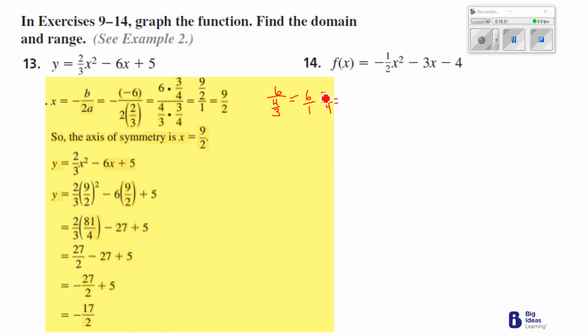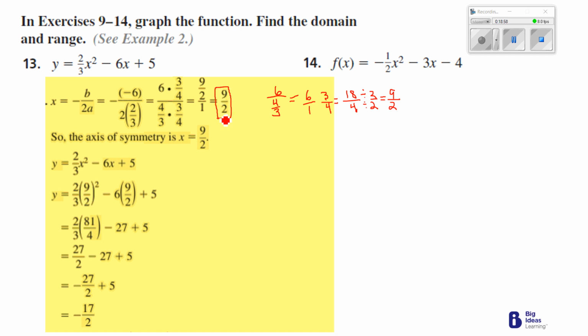I mean, even if we work this out, we'd see it was 18 over 4. It really doesn't matter which way we do it. Then we see both of these are divisible by 2, so we're going to divide by 1 in the form of 2 over 2. And that gives me 9 over 2. And that's how they got 9 over 2.